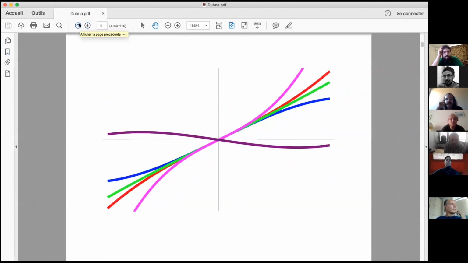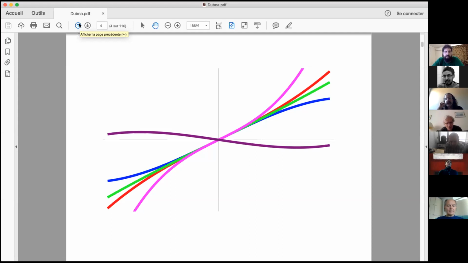Okay. So I was saying that if you see all these polynomials, they all vanish at the origin. Then, when the graphs meet at the origin, they produce some kind of permutation. You see on the left side of the origin, you have the pink graph, which is the lowest one, and you have the red one just on top of it, then the green one, then the blue one, and then the purple one.